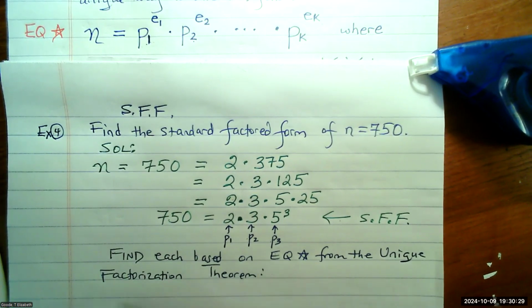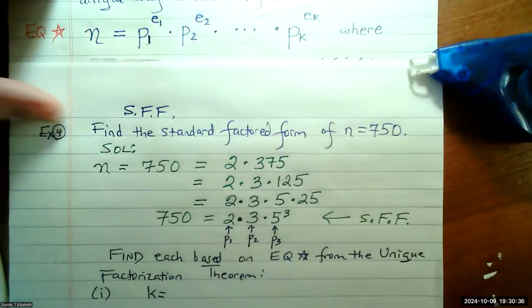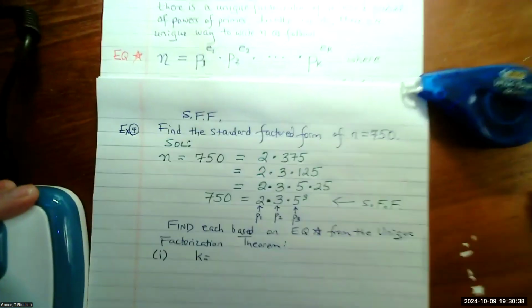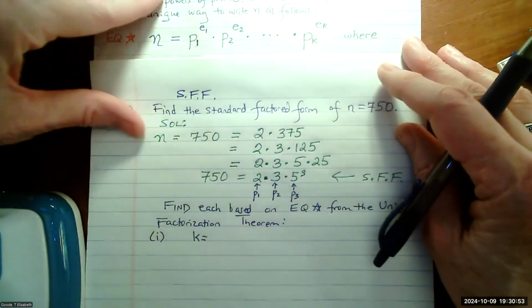All right. 1, find K. Okay, so we're looking at the unique factorization theorem. I just want you to be able to see that.